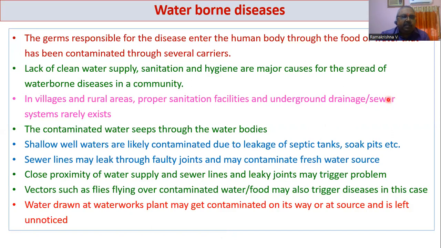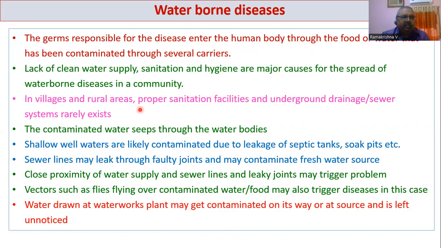So the germs responsible for the disease enter the human body through food or water that has been contaminated through several carriers. The flies are one sort of carrier, the moving carriers. Lack of clean water supply, sanitation, and hygiene are major causes for the spread of waterborne diseases in a community.